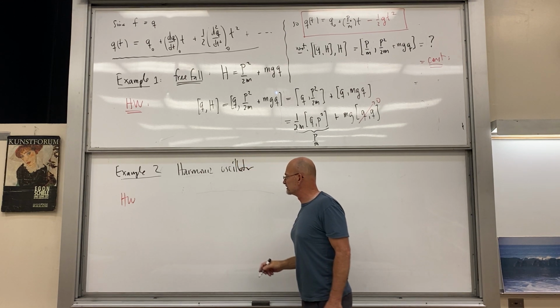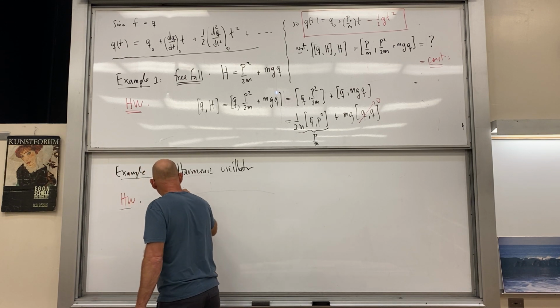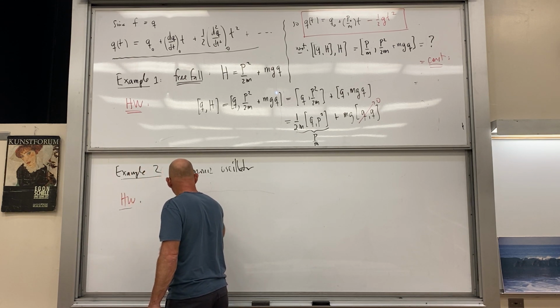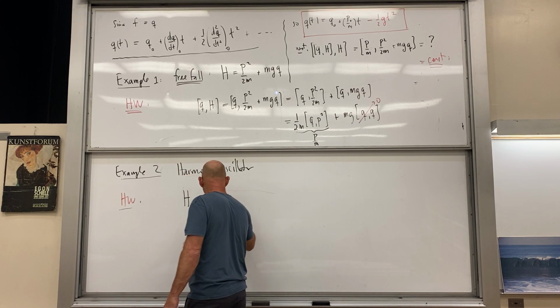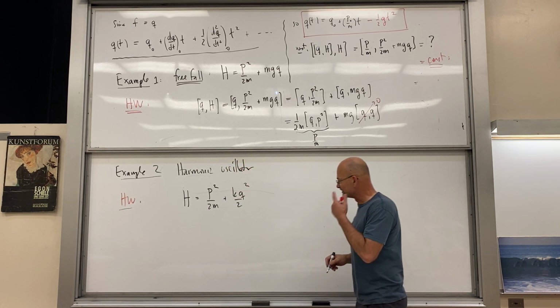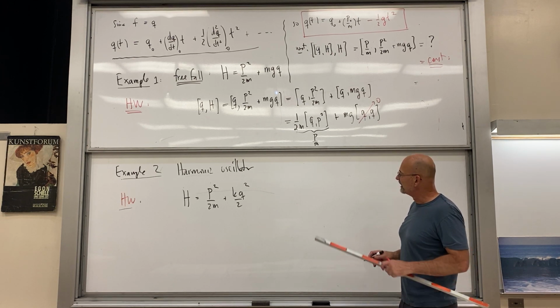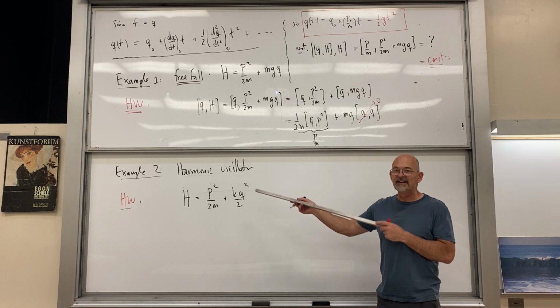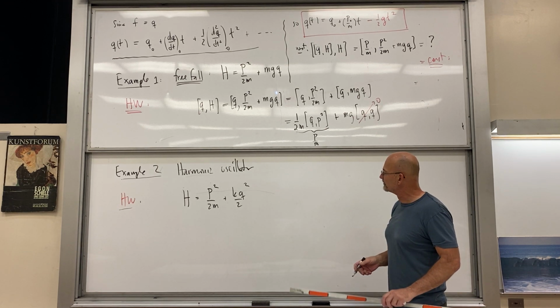Harmonic oscillator. So here we have H is equal to P squared over 2M plus K Q squared divided by 2. And this time we actually have to do an infinity of these, but it turns out we only have to do 4 or 5.